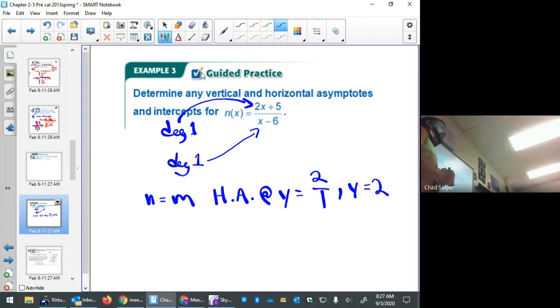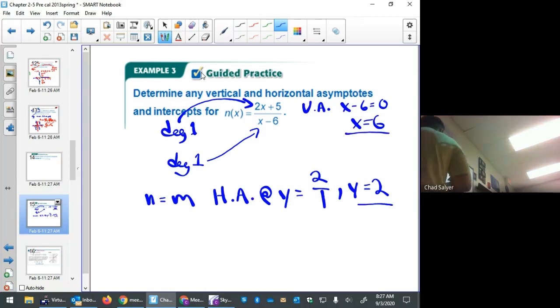Horizontal asymptote at y equals 2. And then the 0 for the bottom is going to be a vertical asymptote because it's not shared. I don't need to factor it because it's just one linear factor. So x minus 6 equals 0 means x equals 6. So vertical asymptote and horizontal asymptote.